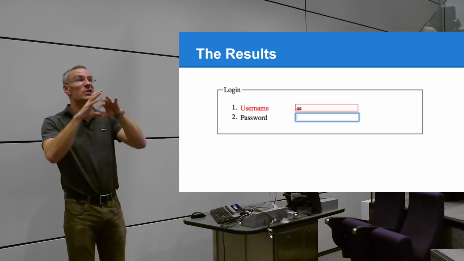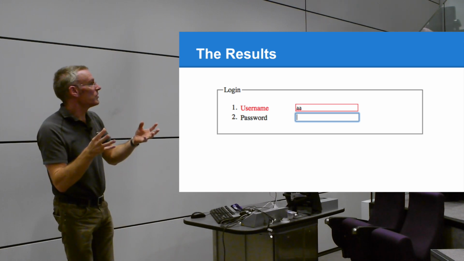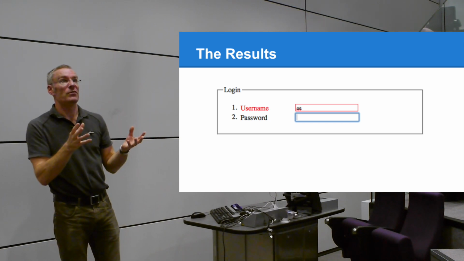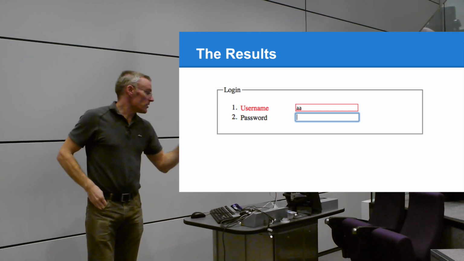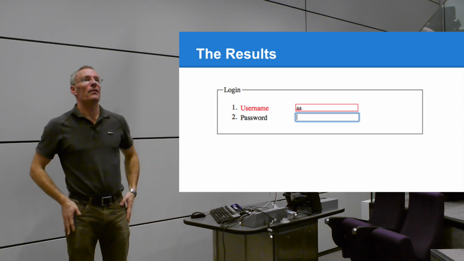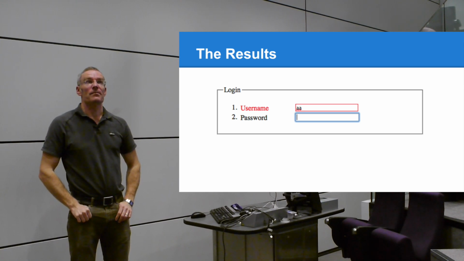To say, must be 5 characters or something, or must be an email address, or invalid email address, something like this. But fundamentally, what I've done is I've built a very simple validation script which will validate my text box.